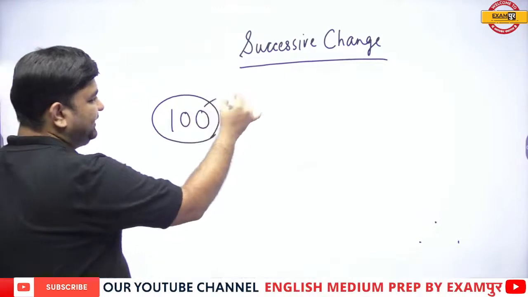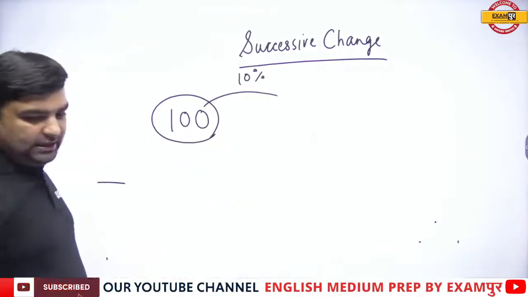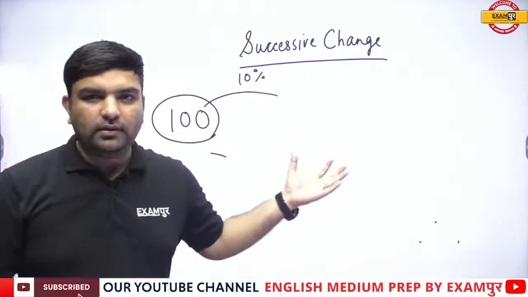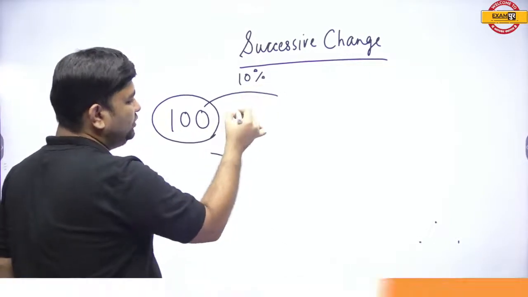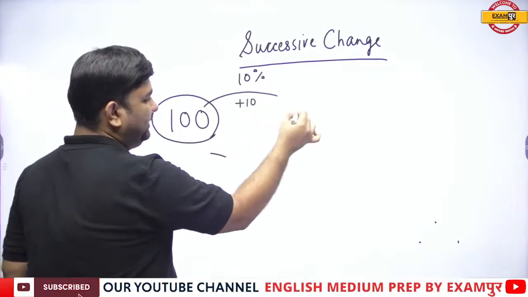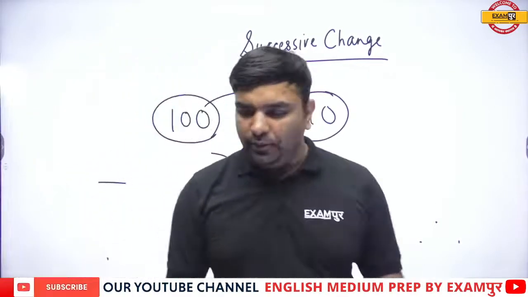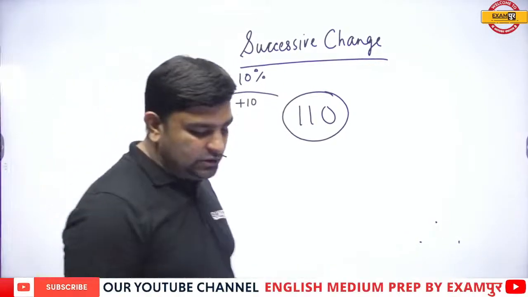It increased by 10% in the first year. So what would be the value after 1 year? The value after 1 year would be an increment of 10% over 100, that is 110.